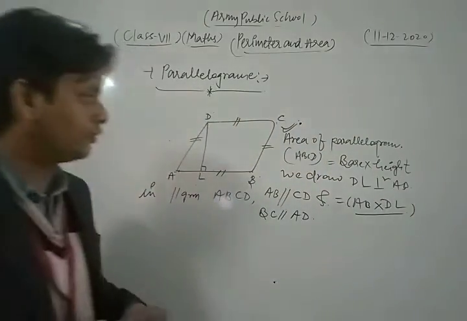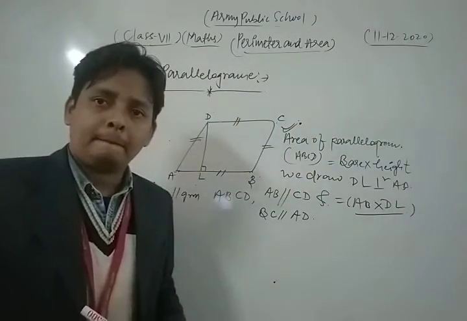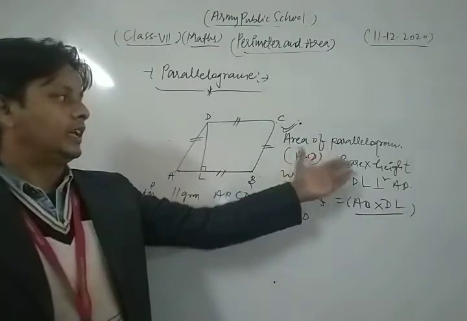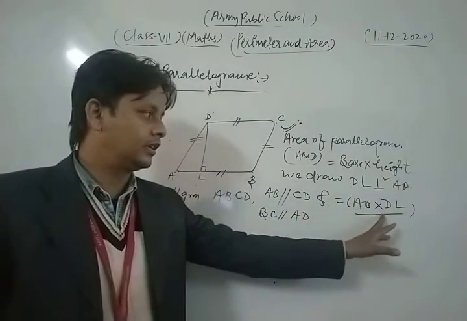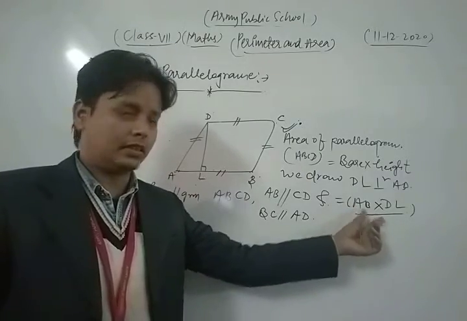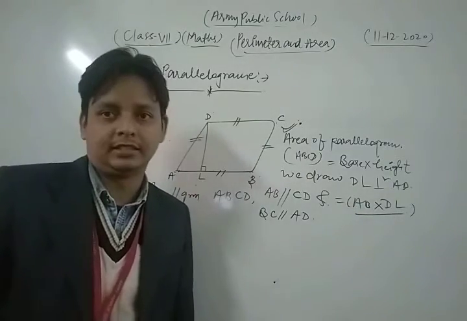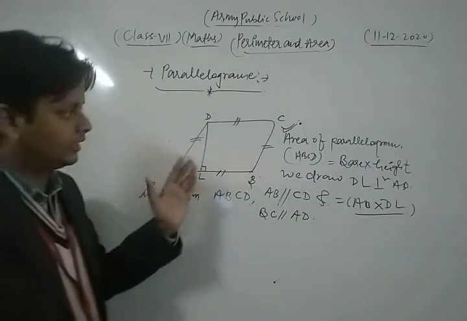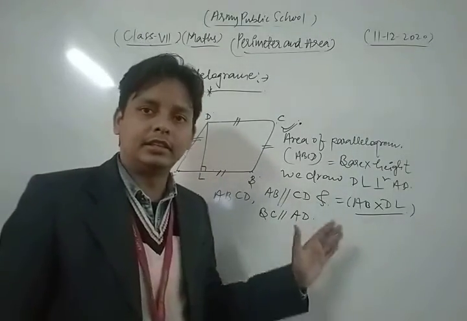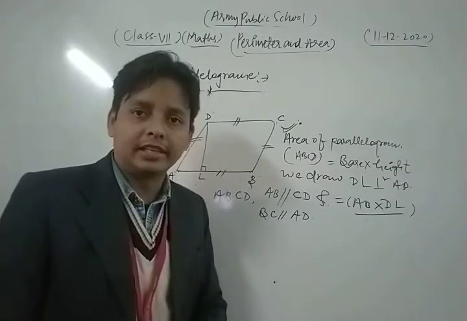Thus, in this way, the area of the parallelogram is AB, the base, into DL, the height. So this is the general formula by which we find the area of a parallelogram.